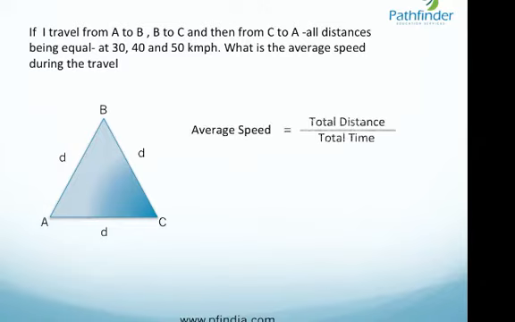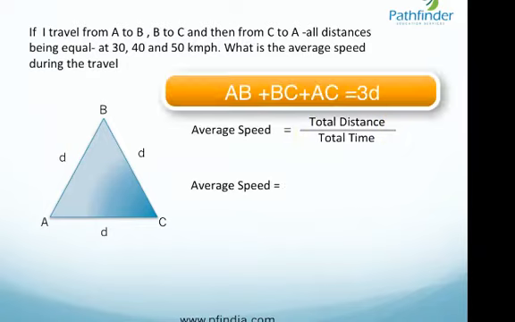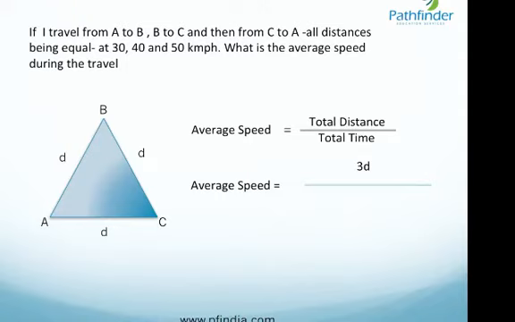Again, average speed is given by total distance divided by total time. Now, what is the total distance? Total distance obviously is the distance AB plus BC plus AC, which is nothing but thrice of d, divided by, now there are three segments here. So there will be time required for the segment AB plus the time required for segment BC plus the time required for segment AC. So what is the time required for segment AB?